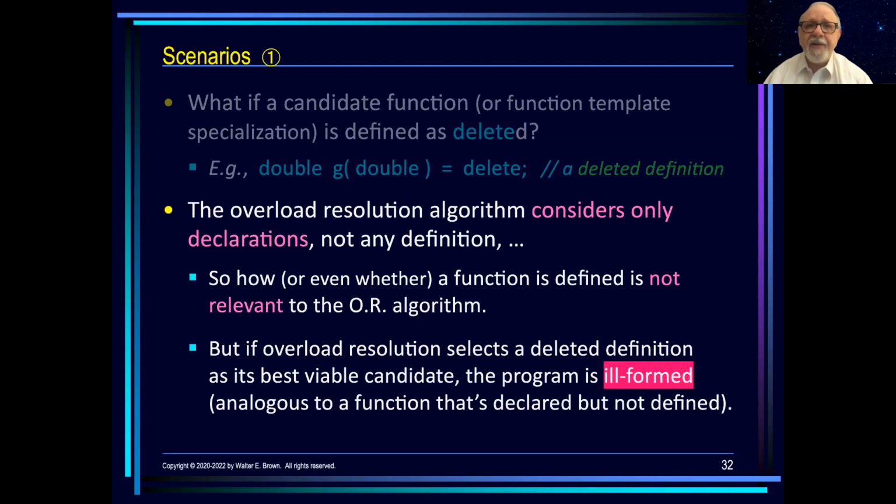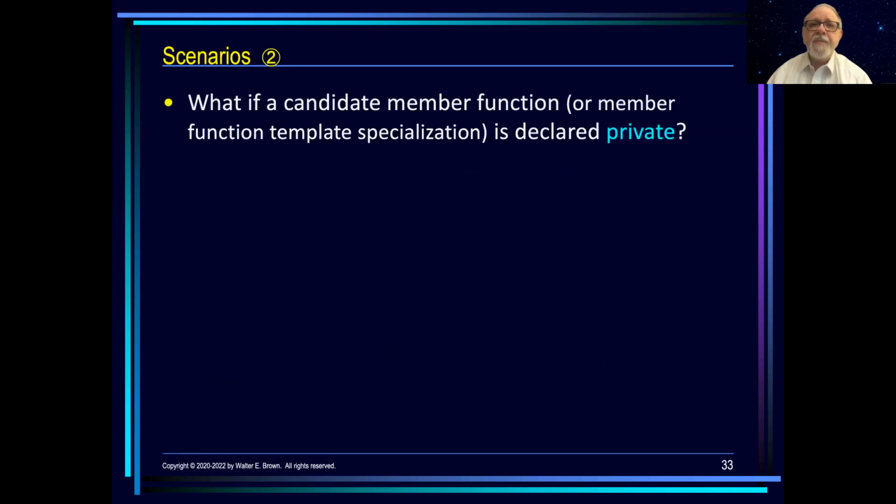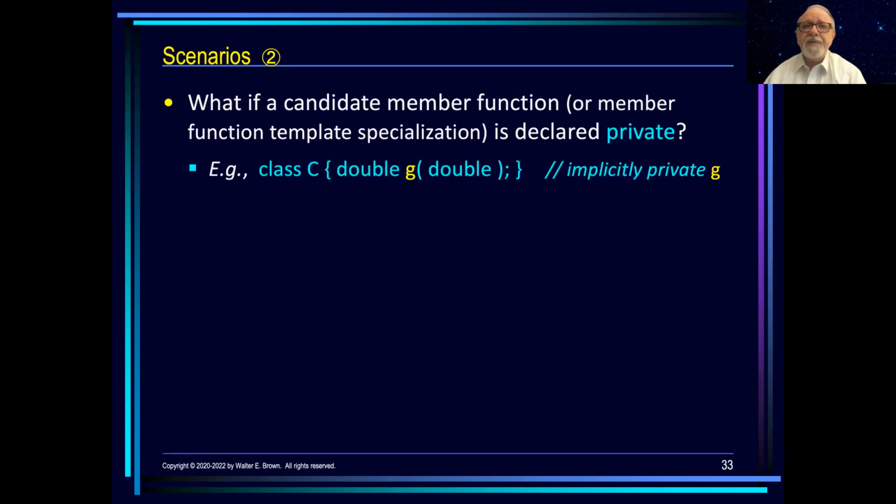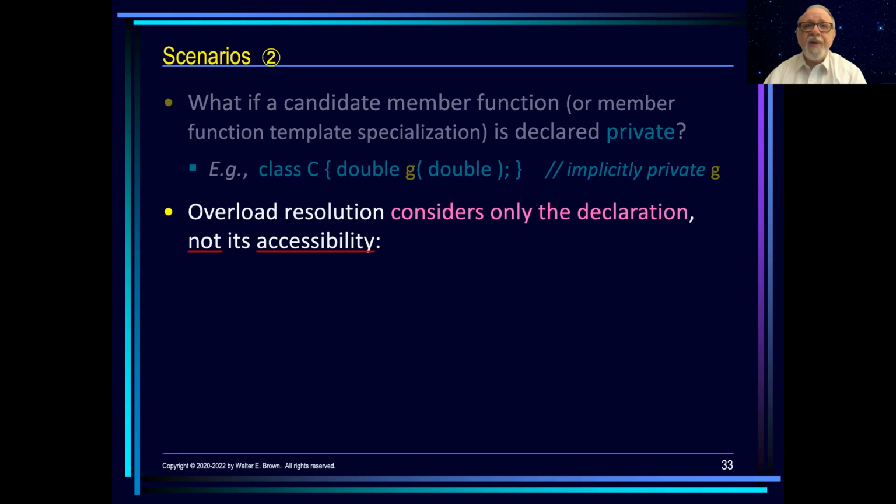Okay, next scenario. What if I have a candidate that's a member function and it's been declared private? So it might look like this. Well, again, overload resolution considers only the declaration, not the accessibility.